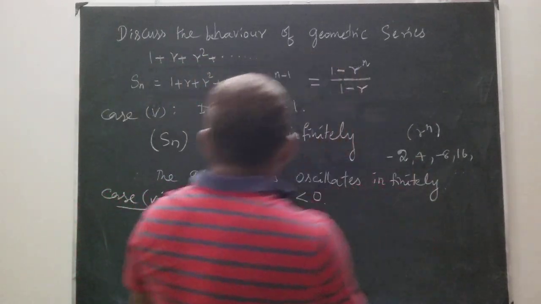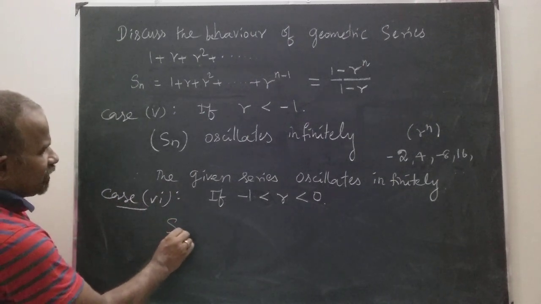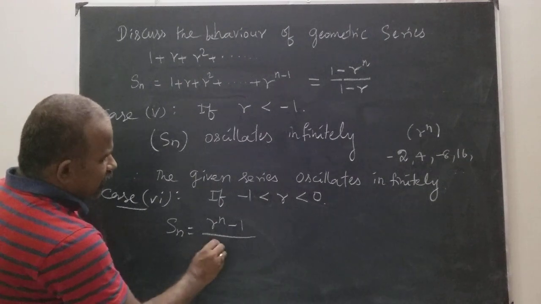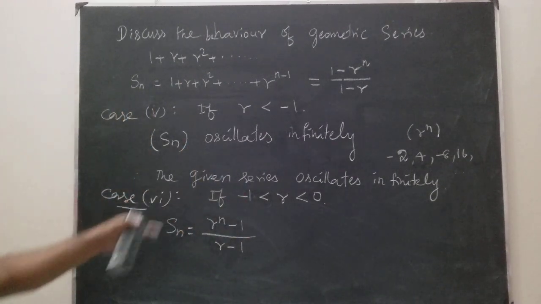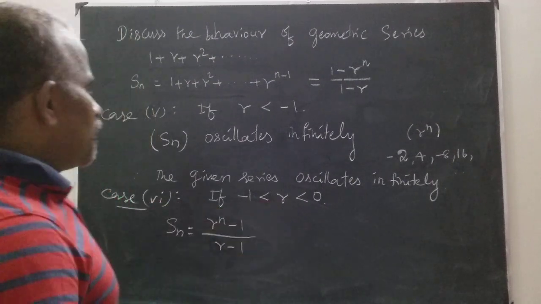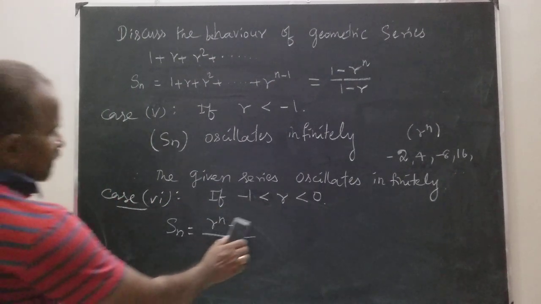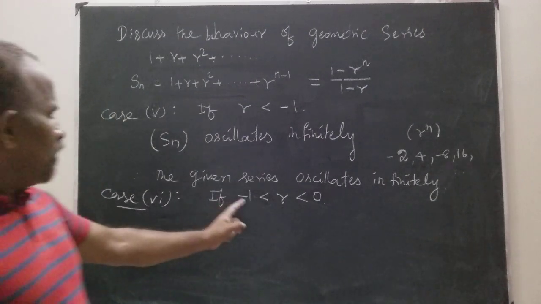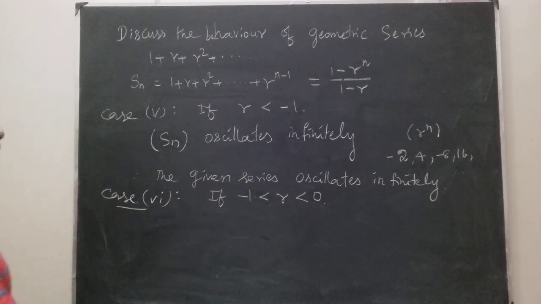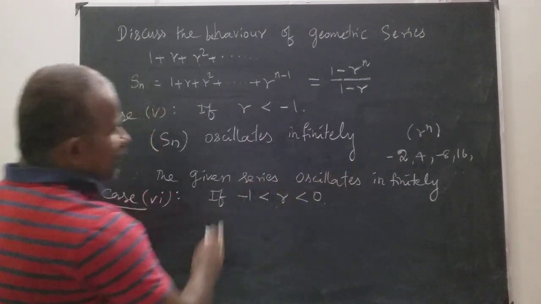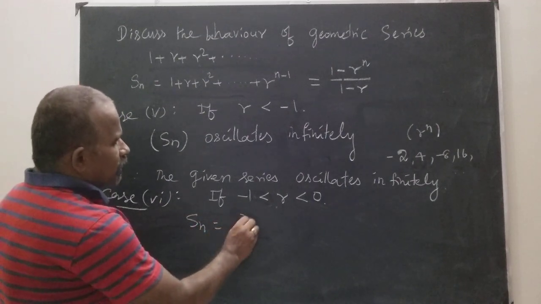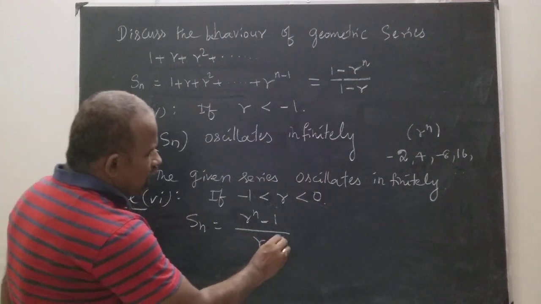The sum of the series becomes Sn is equal to r power n minus 1 divided by r minus 1, because r is less than 1. Sorry, -1 is less than r is less than 0, right? So r is definitely less than 1. So Sn is equal to r power n minus 1 divided by r minus 1.